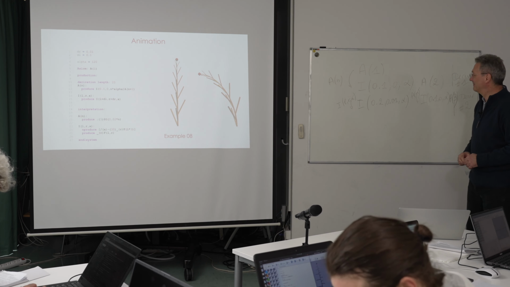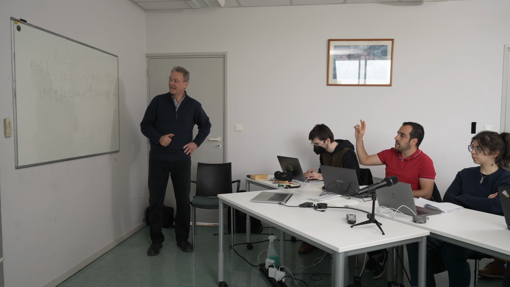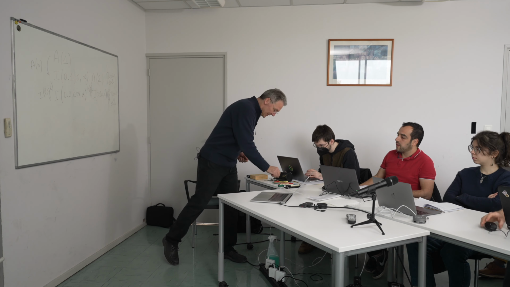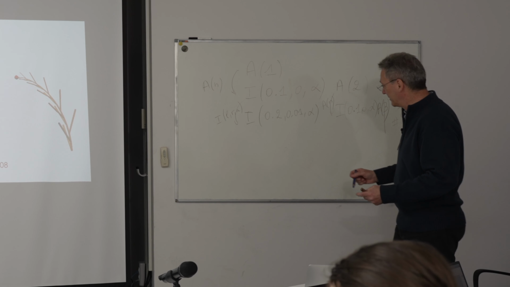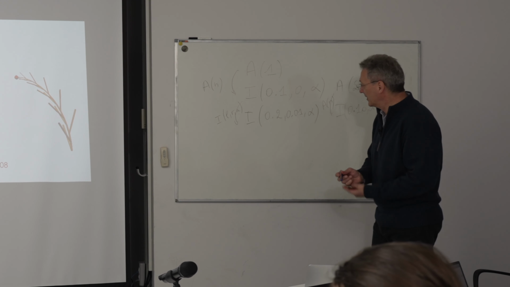For example, A of n, we can think in this part that A is like a function where we can replace the n by the index of the step. Yes, exactly. I just make this point even more clear, so that everybody follows.